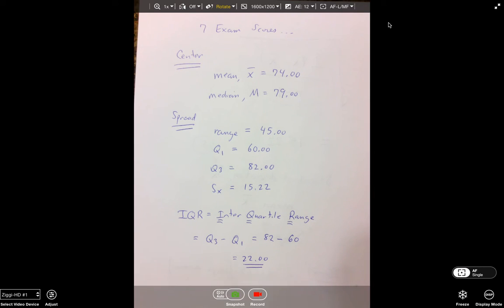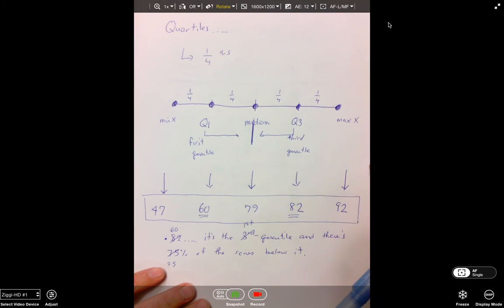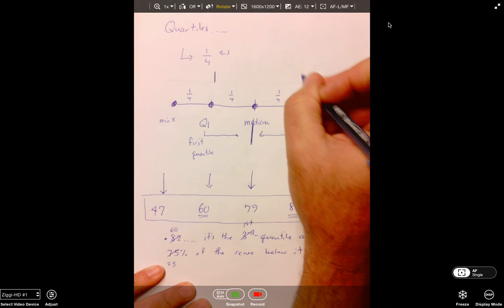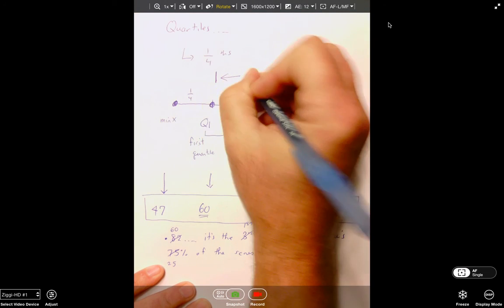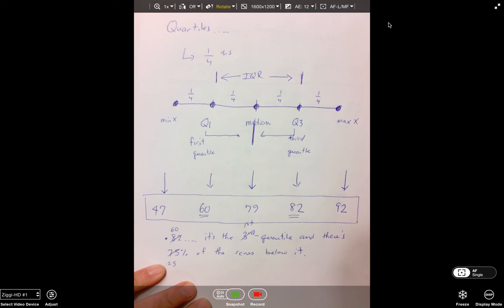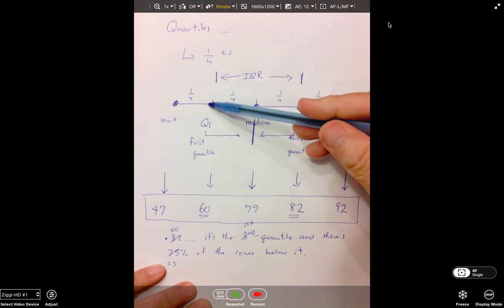You guys, interquartile range is just the difference of the middle 50% of our data. Now, if I can go back and show you this drawing that I gave you earlier, the difference between here and here is the IQR, because we take Q3 minus Q1.